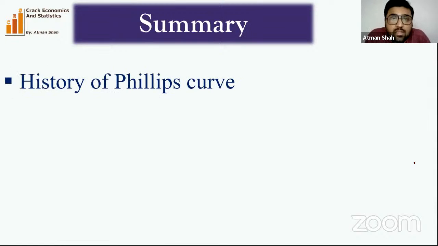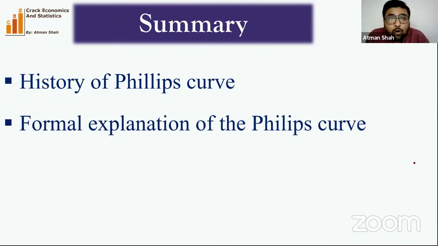So today we talked about the idea of Phillips curve, the formal explanation of the Phillips curve with the help of the diagram, which shows the negatively sloped Phillips curve, indicating the inverse relationship between unemployment and inflation rate.